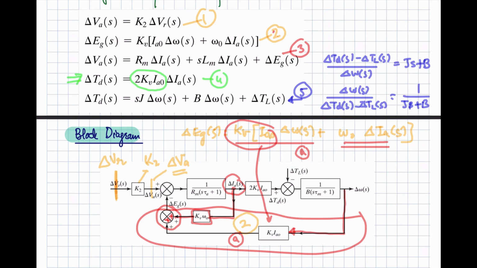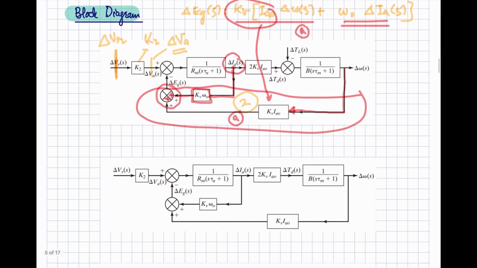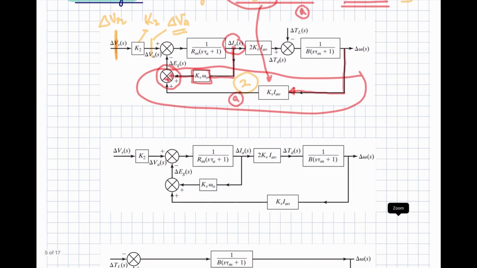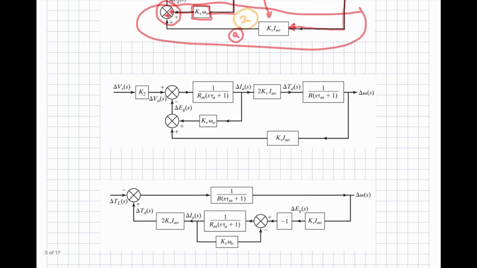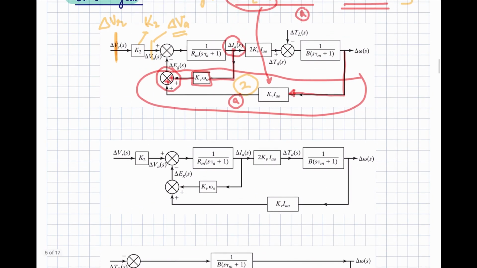So you can model your DC series motor with the help of this diagram, and then you can represent this diagram for the voltage and for the torque, and then you can look at the combined effect of change in voltage and torque at this speed, because there are two inputs over here. As you can see, one is the load torque and another one is the reference voltage.